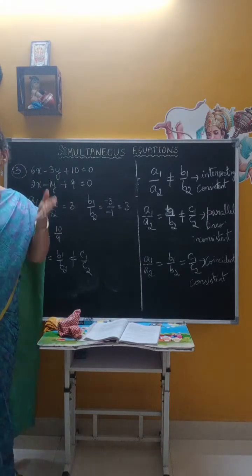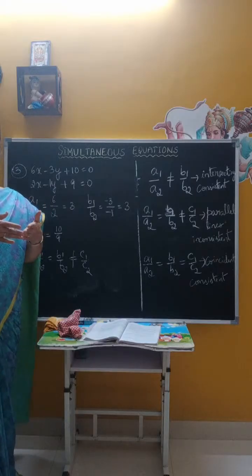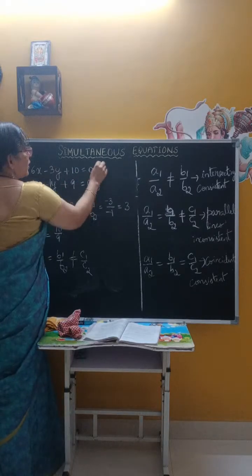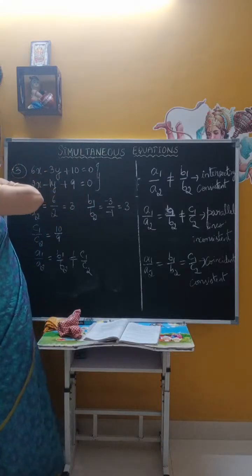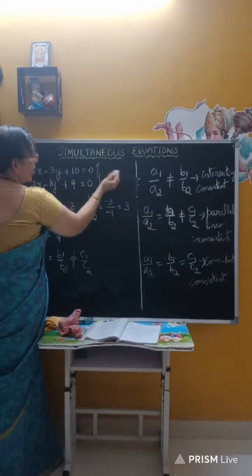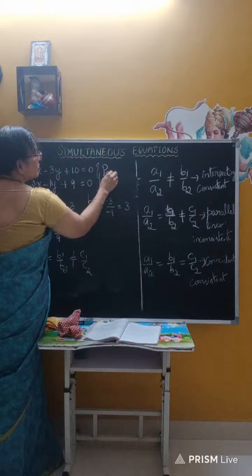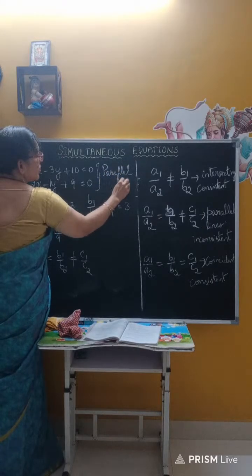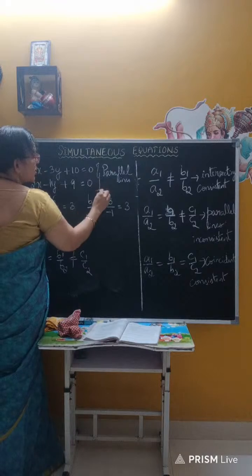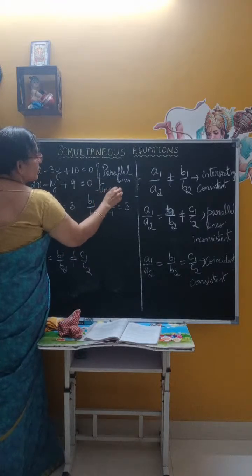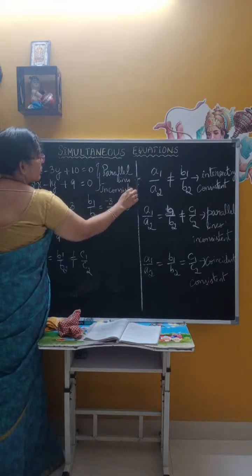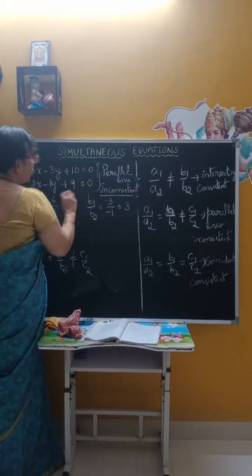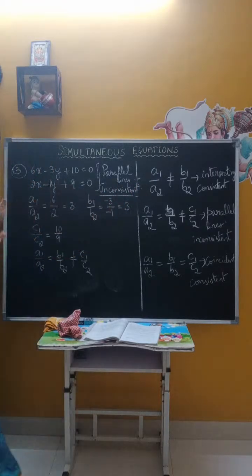Only if they meet, we get a solution. We get a unique solution. Here, they never meet. So we get inconsistent pair of lines, and the lines are parallel. Parallel lines and the solutions inconsistent, or no solutions at all. Okay, no solution.